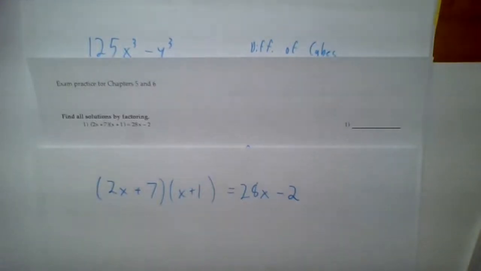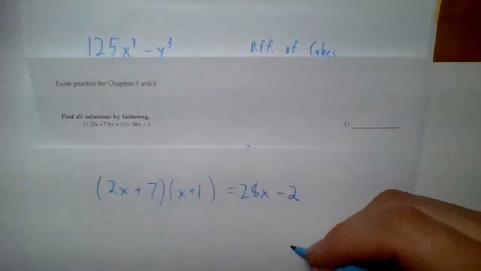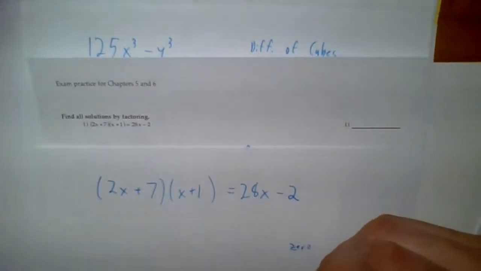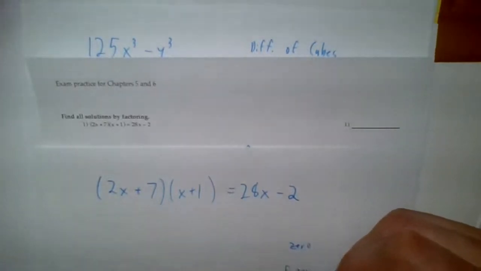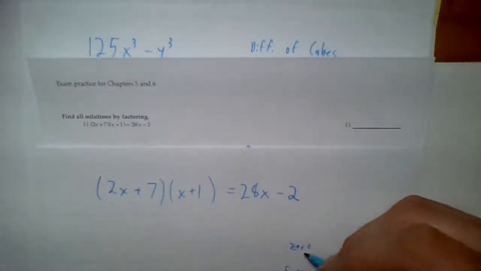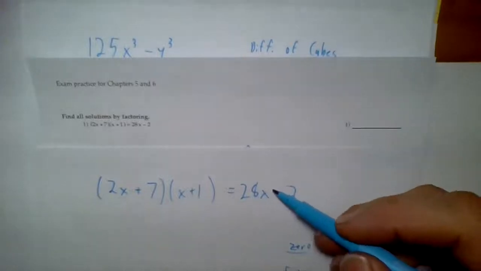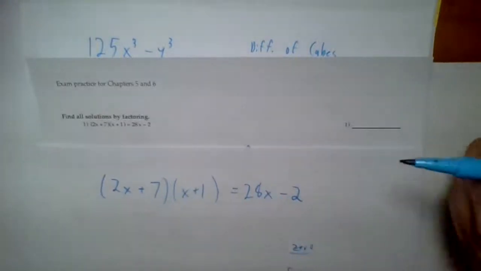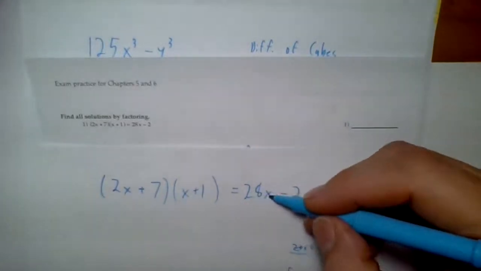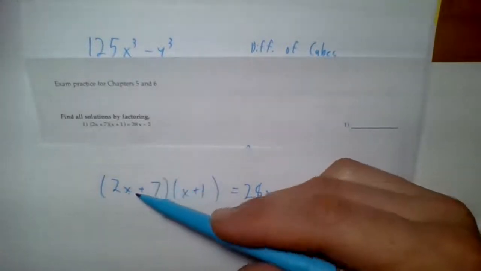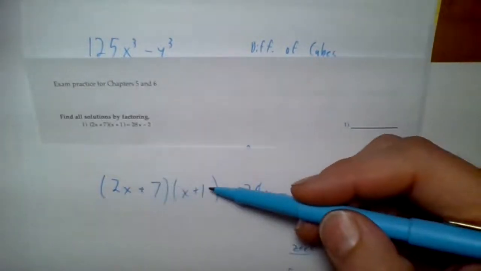So if I'm going to solve it by factoring, I'm going to solve it by the zero factor property. But I don't have a zero yet. That's got to be the first thing I look at, getting a zero on one side. So I have to move all these terms to the other side. Even that I'm not ready to do yet, because if I subtract 28x, I have a multiplication problem over here.